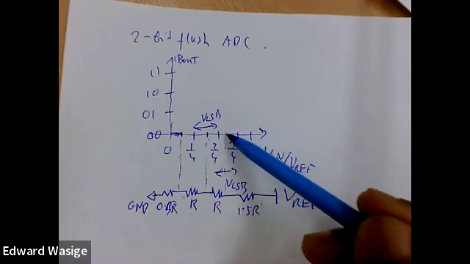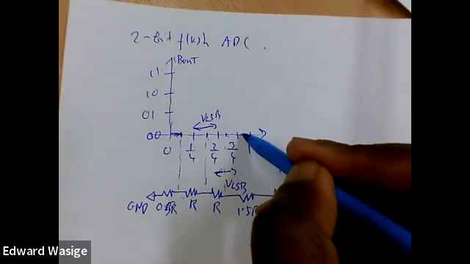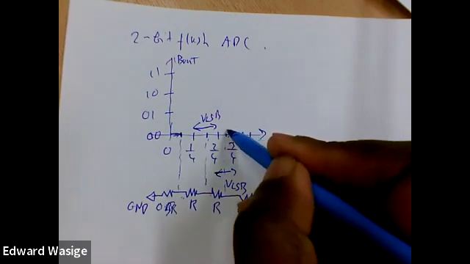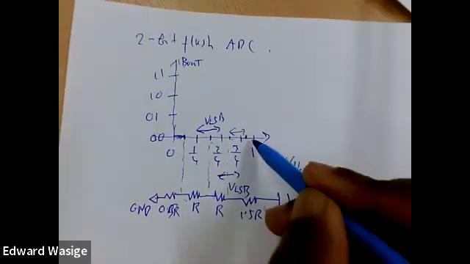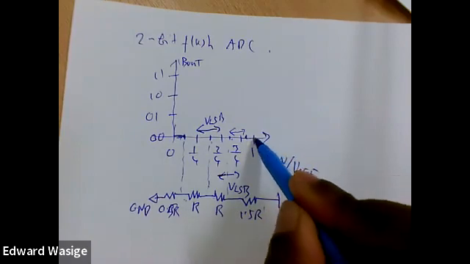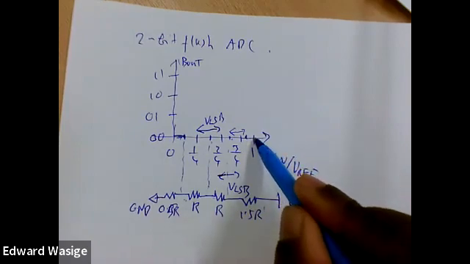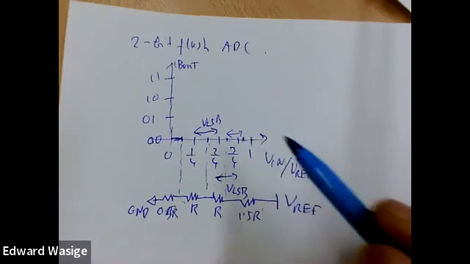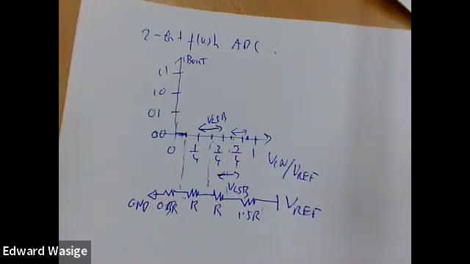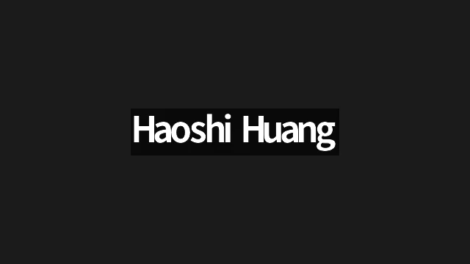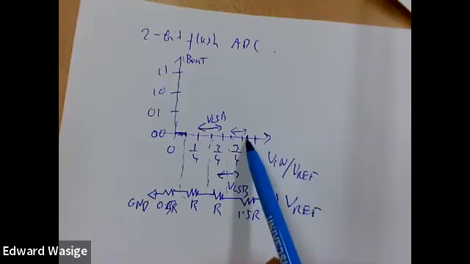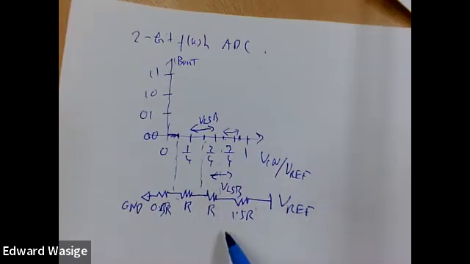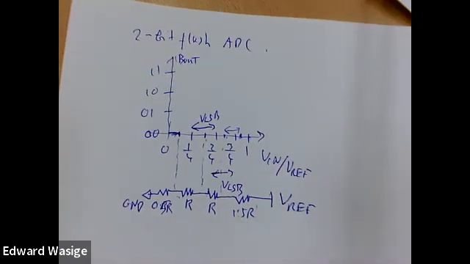From this point to there, that corresponds to half VLSB, so we need R for that. But there is half VLSB that goes between that point and when the input signal is, but the input signal is never equal to Vref. The highest we go to is less by half VLSB, and therefore that's 1.5.